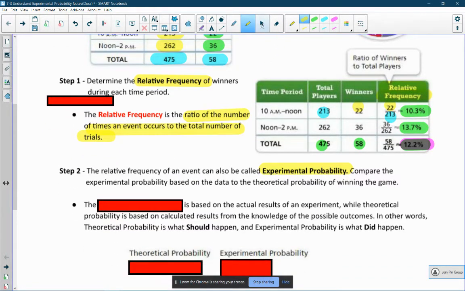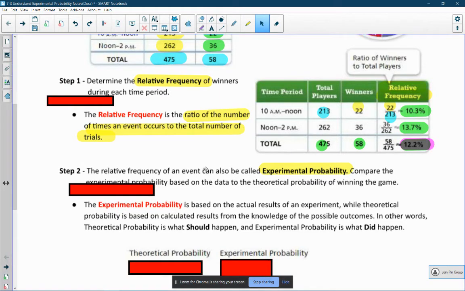So here's a good vocab here. The experimental probability is based on actual results of an experiment. Okay, so this is what actually happens. While theoretical probability is based on calculated results. So one of the things I like to say is this next line.